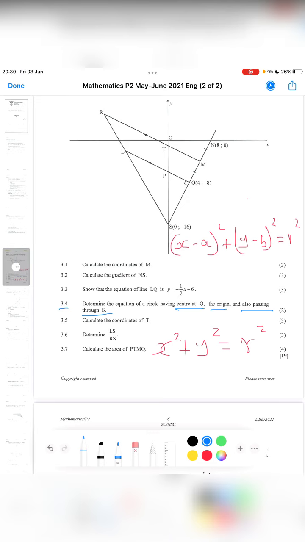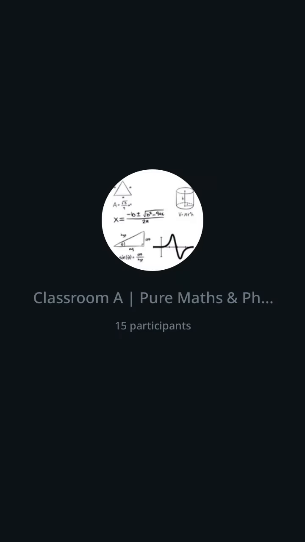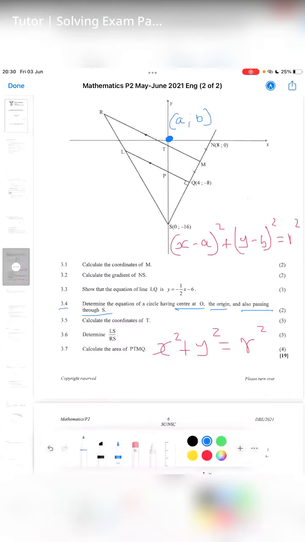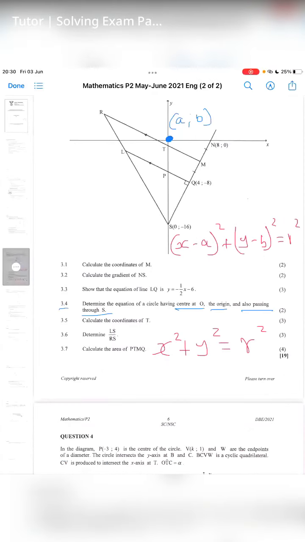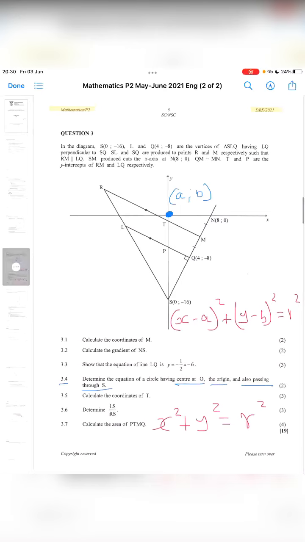Okay, so ladies and gentlemen, the question says determine the equation of a circle having a center at O. So let's establish that center. The center is actually there, and at the center is where you have a and b. Let me create some space so that it makes sense when I explain it for the grade 12s.